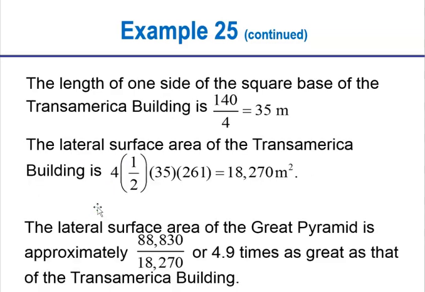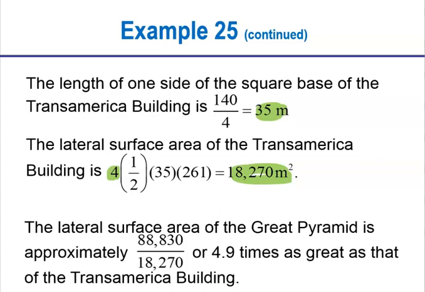Okay, keep going. We take a look at Transamerica. They did the same thing. They decomposed the perimeter by looking at each side. Is that okay? Perfectly. And then they multiplied by 4, which gets us the perimeter back. So 18,270, and I do believe that matches what we have. Okay, and then they decided to do the ratio like we did. We could have done it the other way and say that Transamerica is 1 whatever fraction that may be when you flip it upside down.